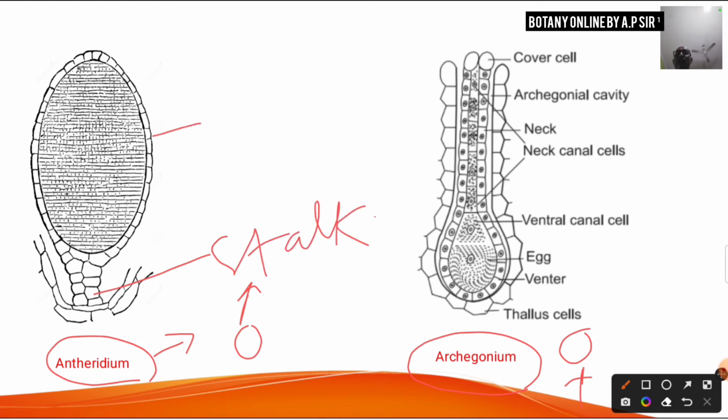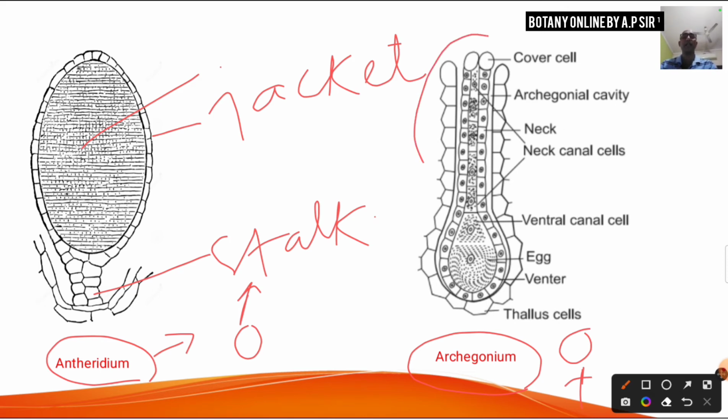Then this one is the jacket. Here antherozoids are formed. Fine. Now, as far as female sex organ is concerned, this particular portion is called neck. This one is called venter. Got it? Now, this is called egg.